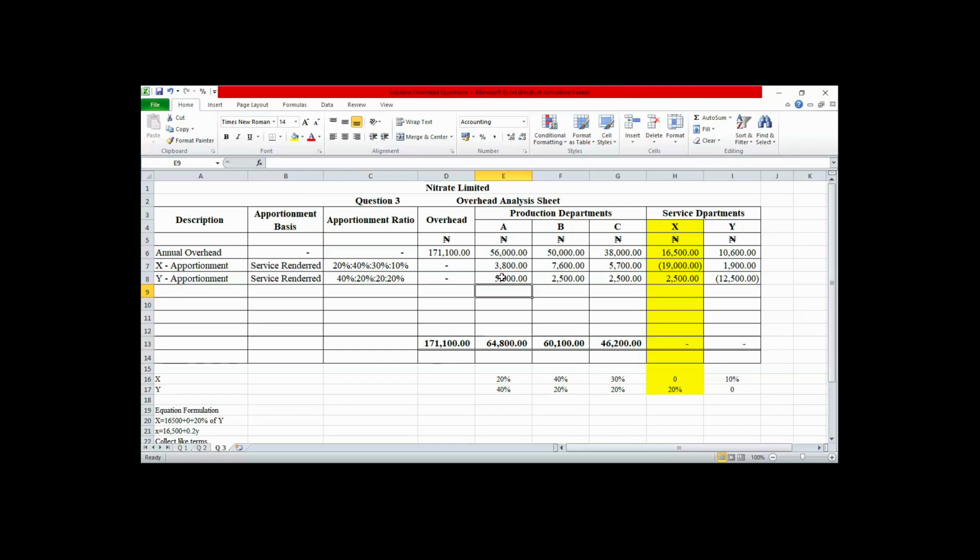Secondly, sir, the figure you got from Hex, 19,000, you apportioned it. So why did you apportion 12,000 for Y instead of what you have gotten for Y after your simultaneous?